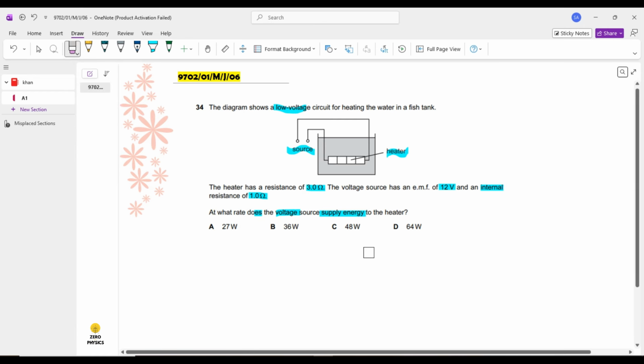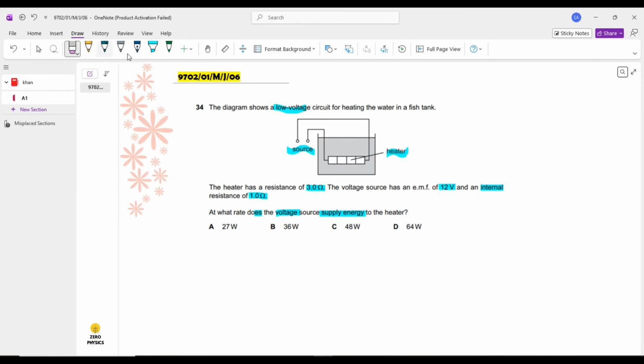Now I'm just removing it to solve the question. To make things easier, the examiner has given the unit in watts as well. So let me just solve it.